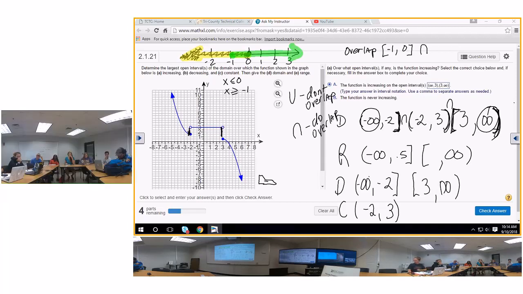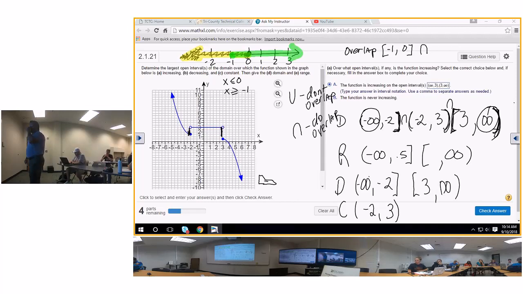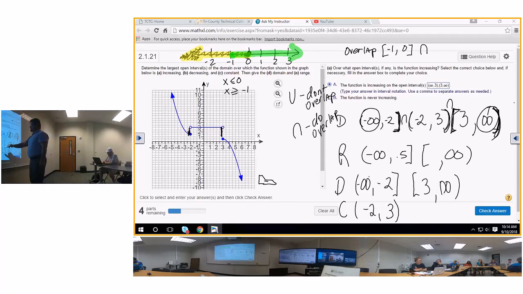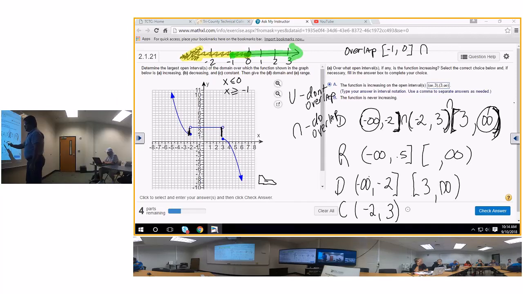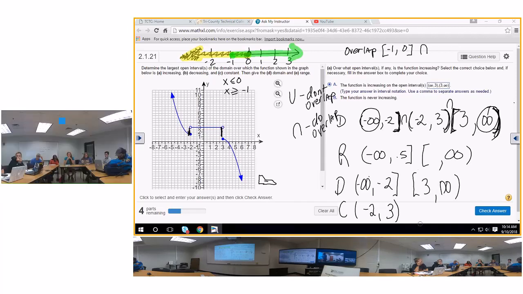Okay. So where did they have the U's? They probably had U's in these. They had the U in between the different range things. Just the range. Okay.